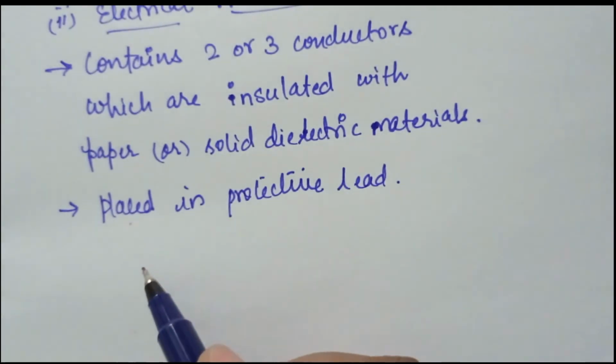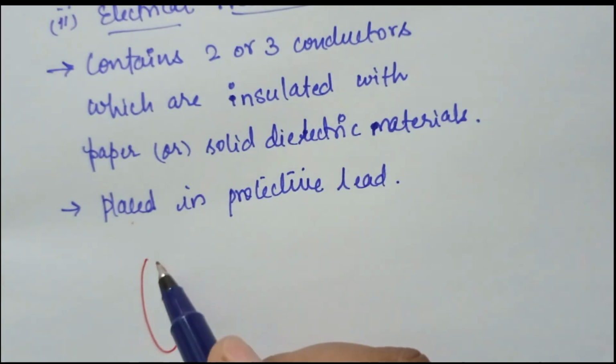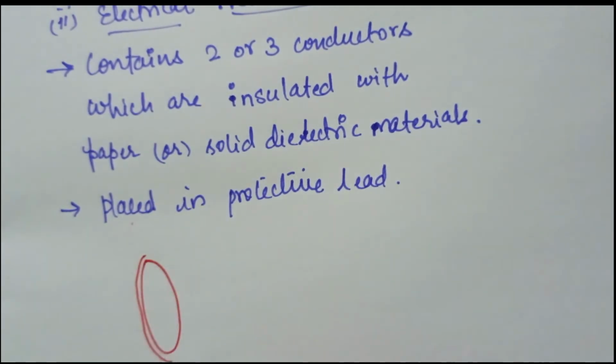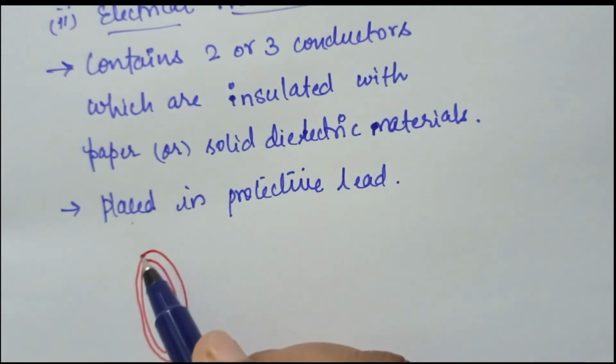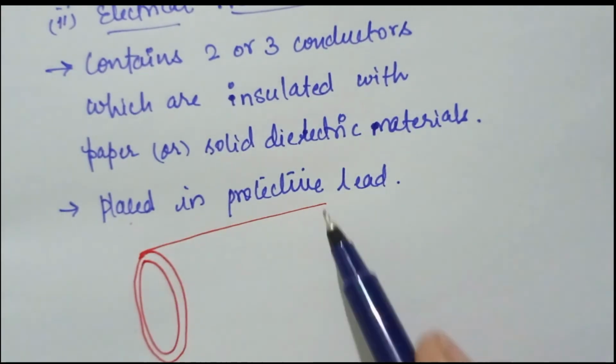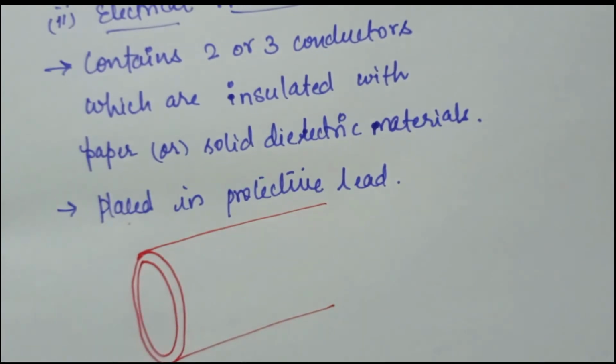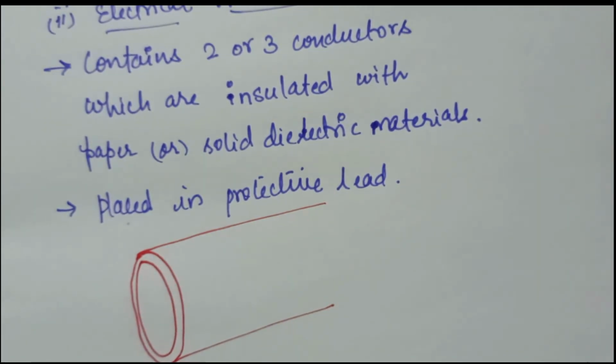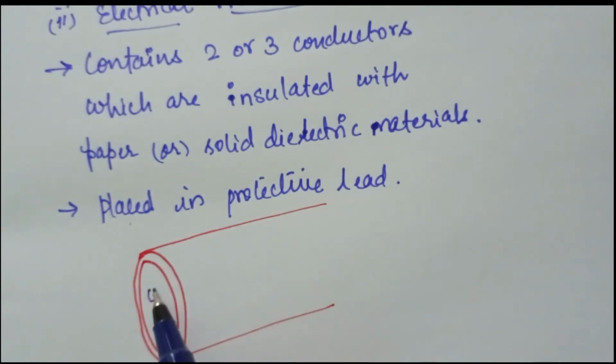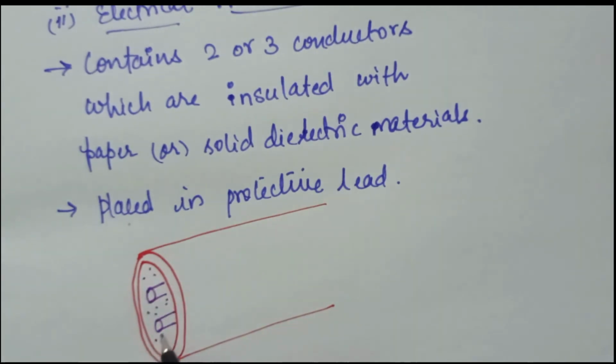Let us assume this is the outer protective lead. Inside this we have conductors. It contains either two or three conductors, and between them we have a dielectric medium.